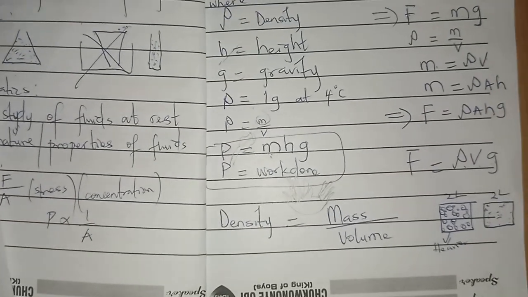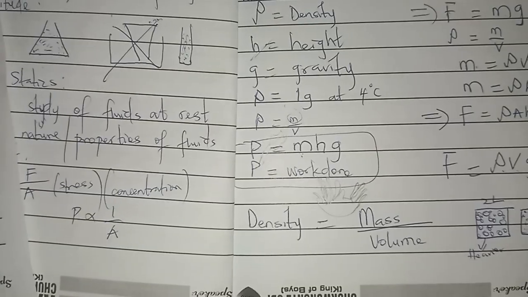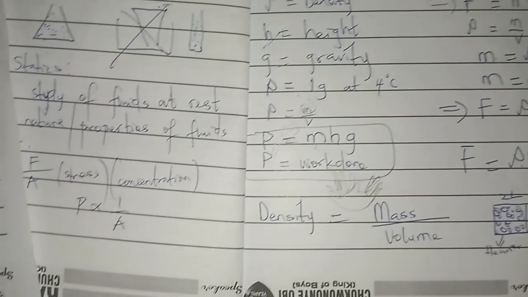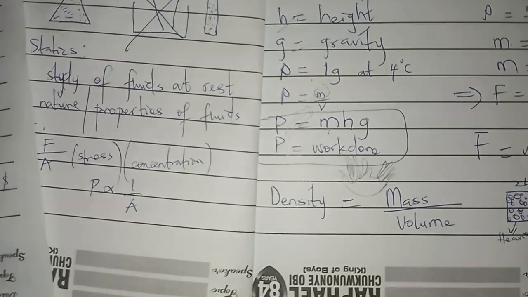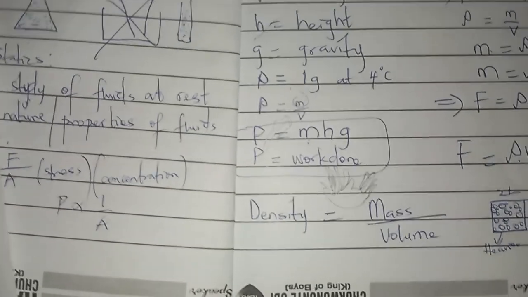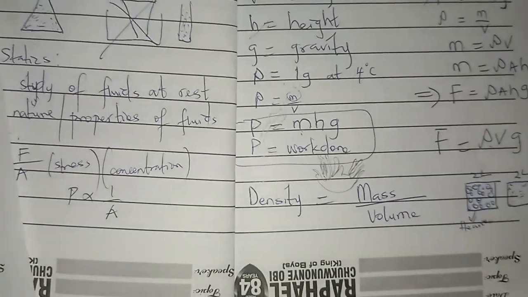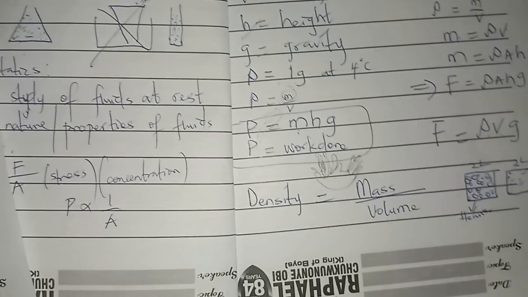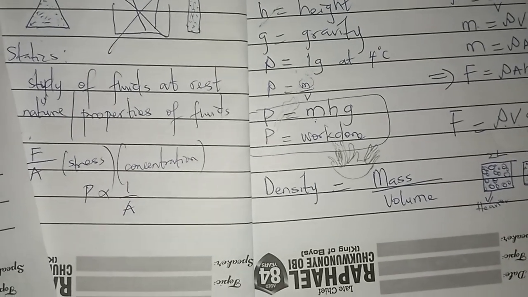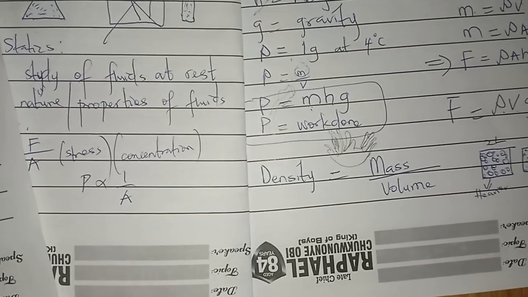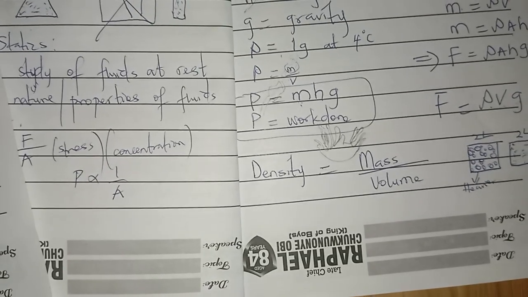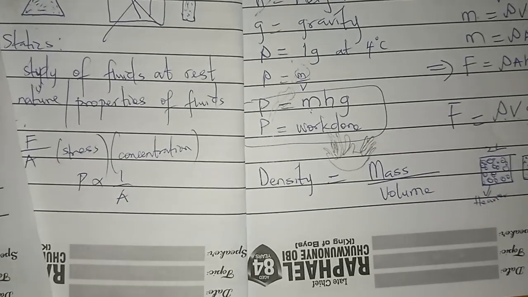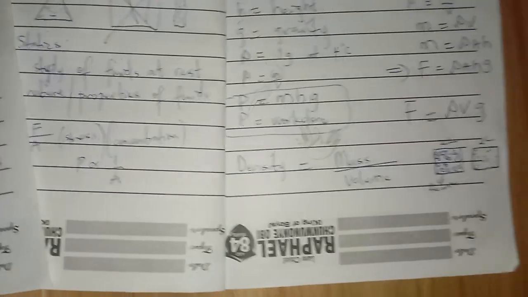So the weight of a thing in a given volume is what we call density. That is why we say it's mass per unit volume. If I compare foam and a bag of rice, if I put the two of them in the same bag, rice will feel heavier. Then I will say that rice has more density than the foam. So I want you to see it that way.